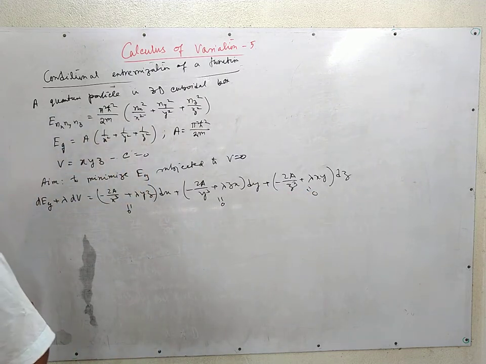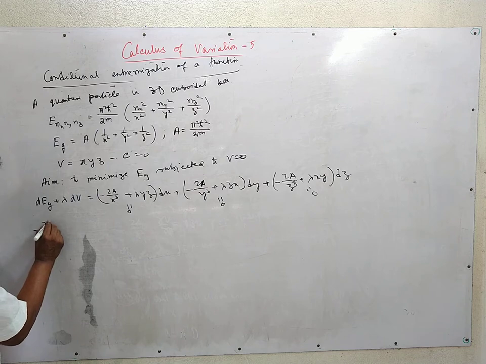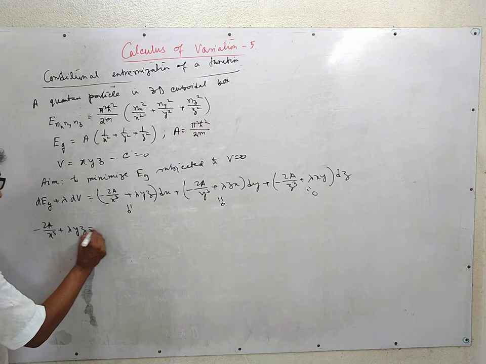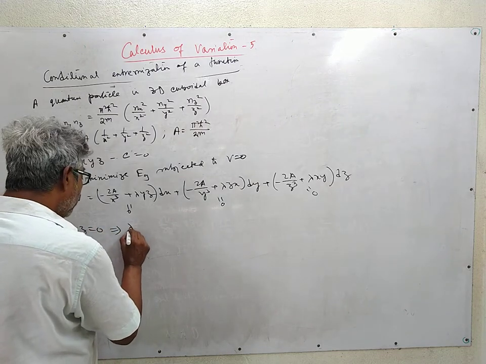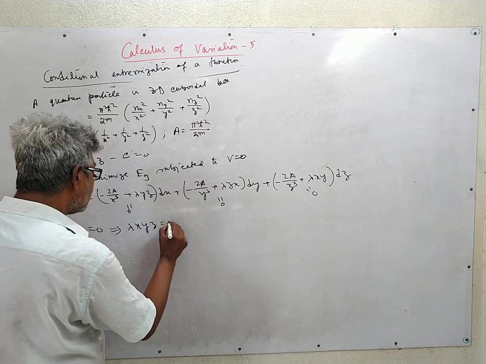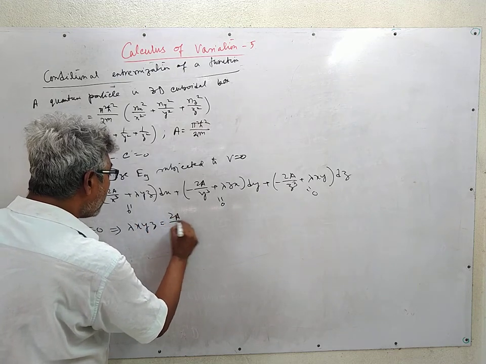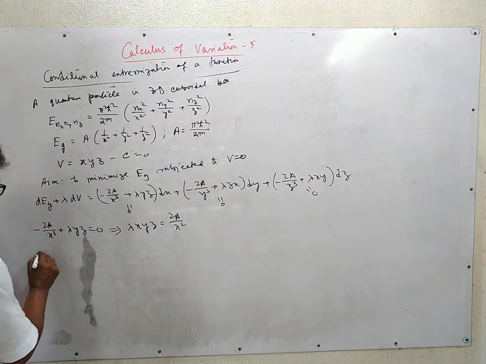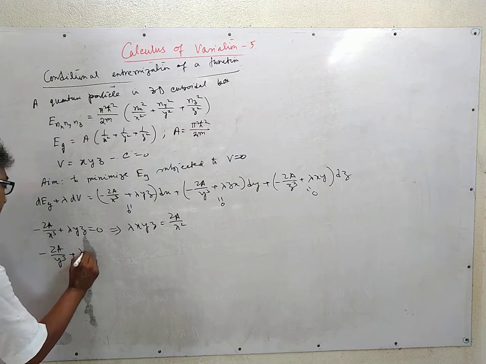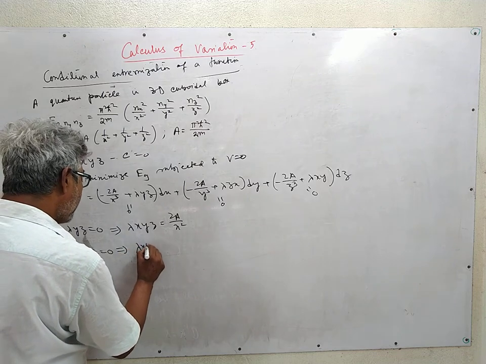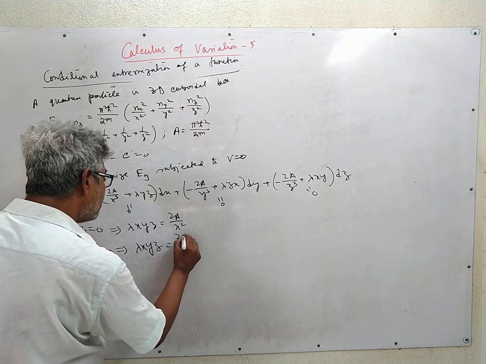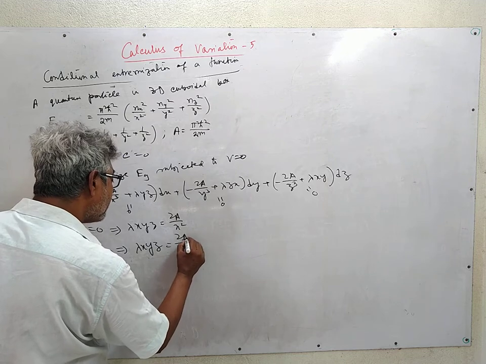So we get minus 2a by x cube plus lambda yz is equal to 0, which gives us lambda xyz is equal to 2a by x square. My second condition gives minus 2a by y cube plus lambda zx is equal to 0, which gives lambda xyz is equal to 2a by y square.